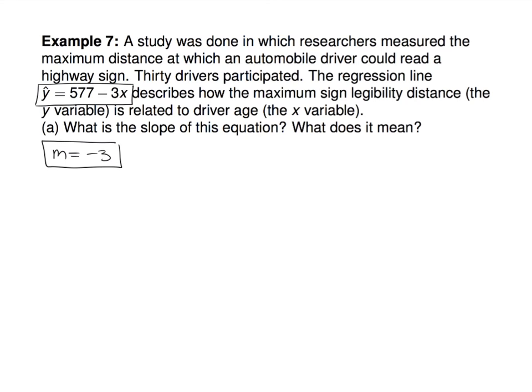So recall, once again, this is delta y over delta x. And y's units are, so sign legibility distance, that's probably measured in feet, per x, which is probably measured in years. So this means that the distance at which you can see a sign goes down about 3 feet per year.